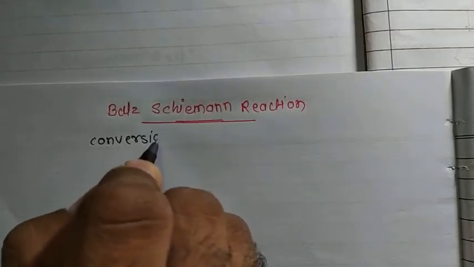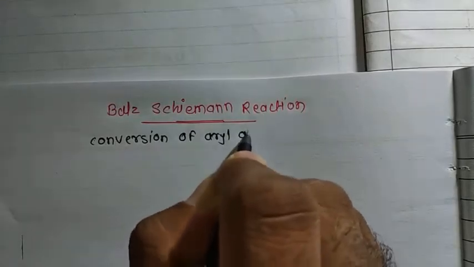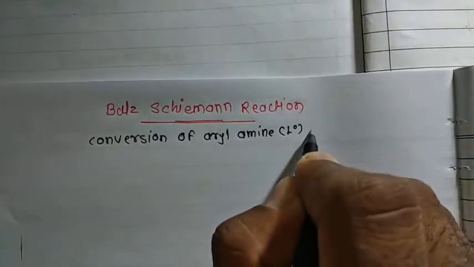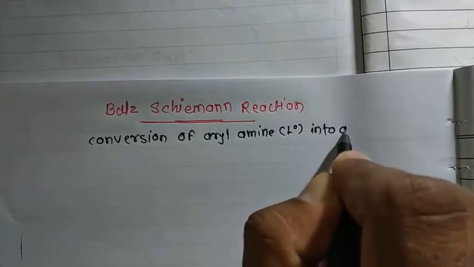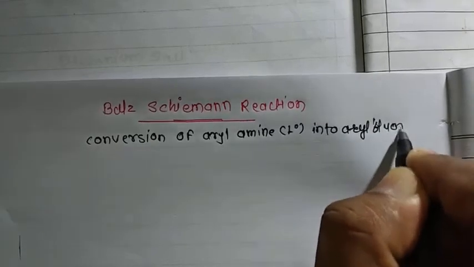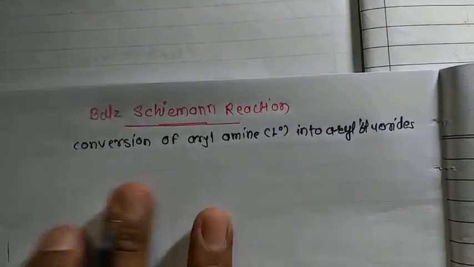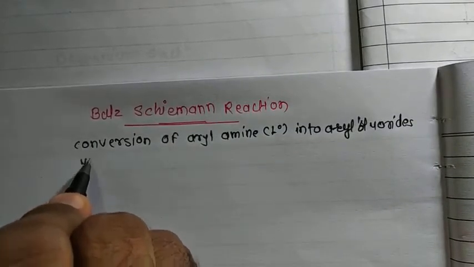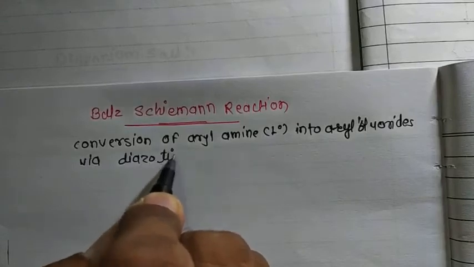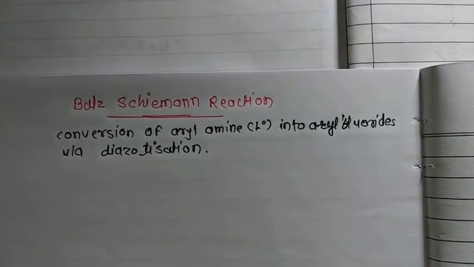Sometimes it's said that the Balz-Schiemann reaction is a conversion of aryl amines, primary ones, into aryl fluorides via diazotization. Okay, so you will get both.